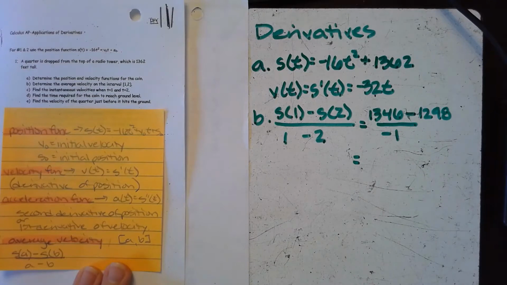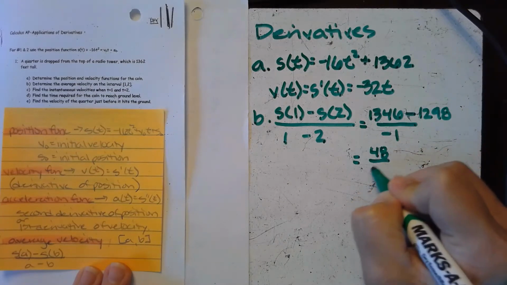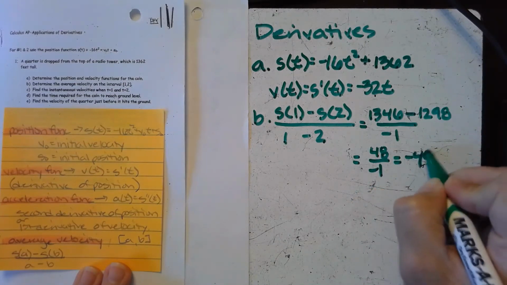So 1346 minus 1298 is 48, and 48 over negative 1 is negative 48.